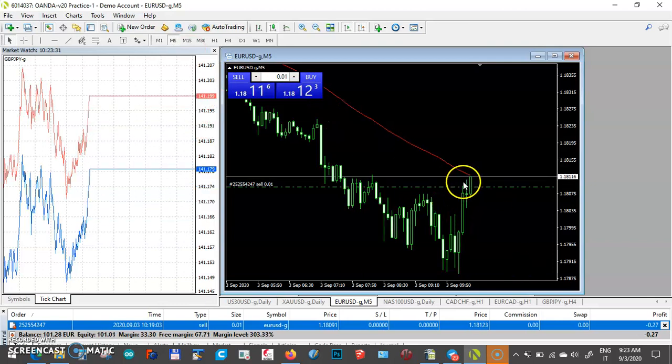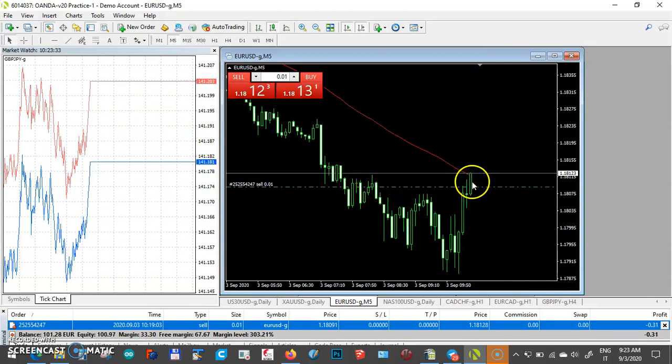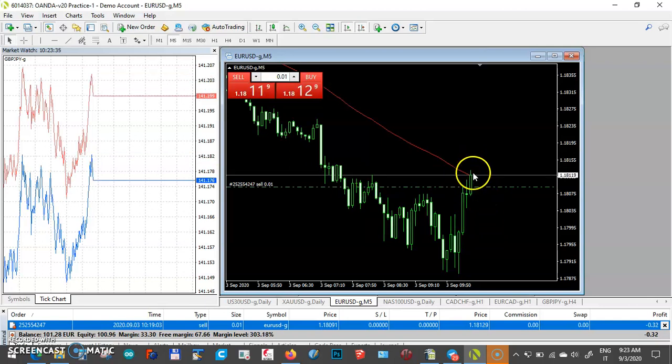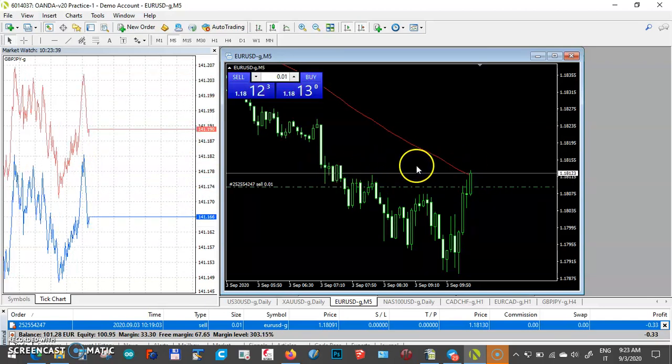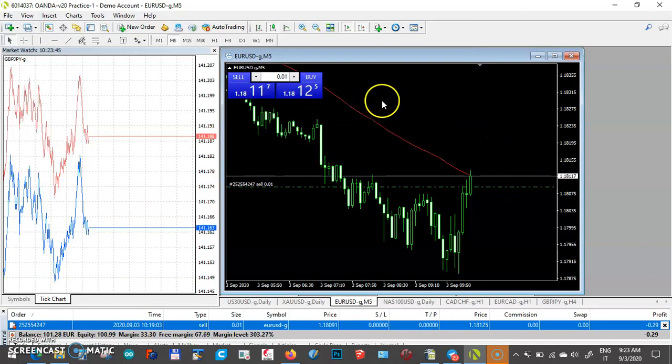because in this area I would have expected a retracement down, and it is not happening. It could happen here, or the market could go higher up to here.